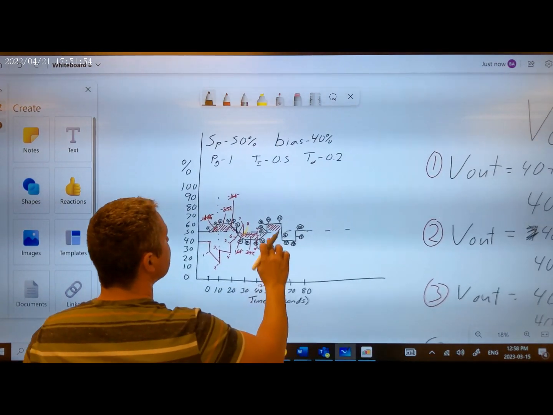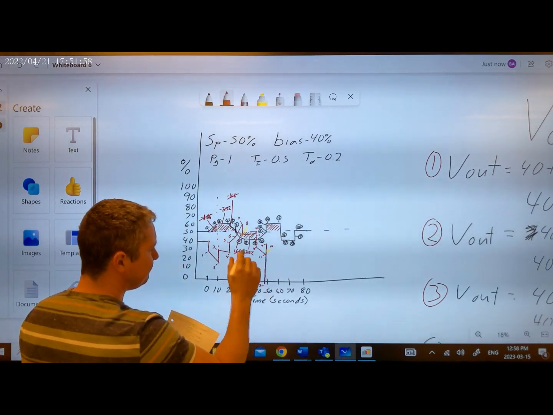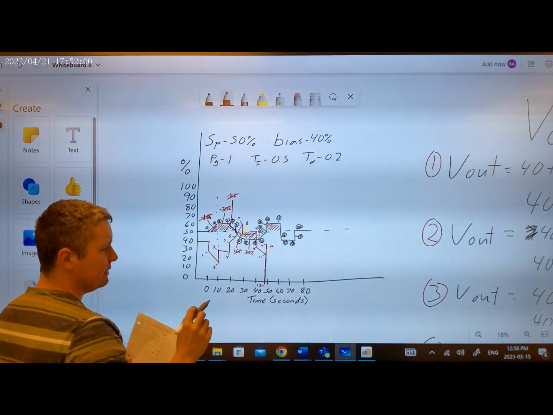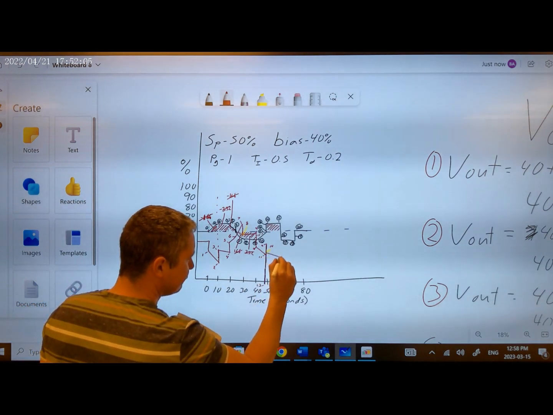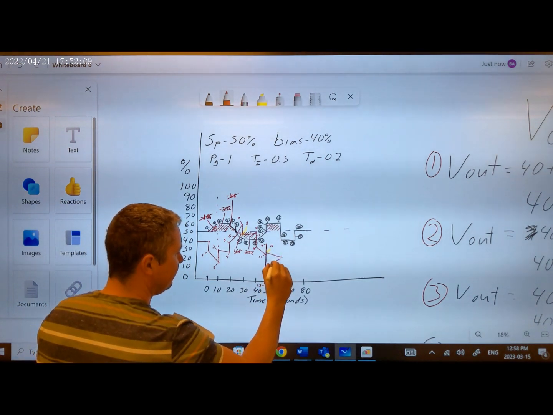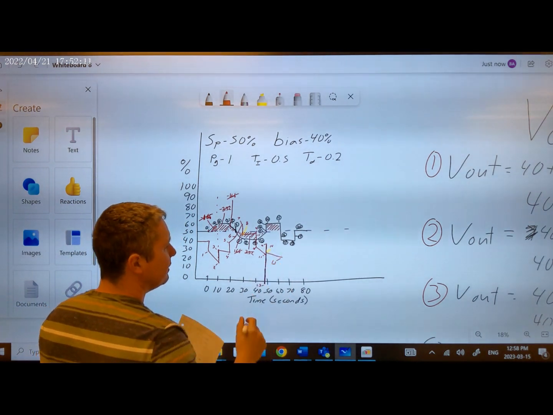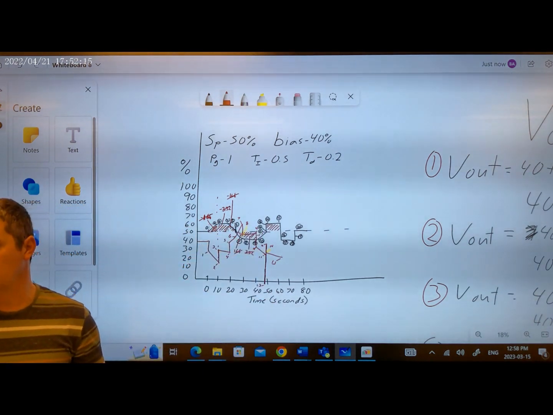Okay. So now we're going from 30 down to 26.68. That is 15. Well, now you can see we have an instantaneous spike down.